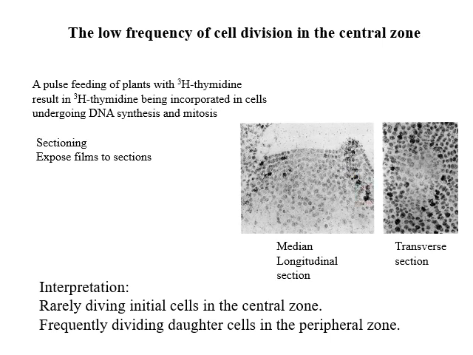So it's not particularly convincing, perhaps, but you have a central zone here, and there's not much incorporation here, whereas you have cells that have divided, have taken up the radiolabeled thymidine during replication, in this region, a little bit in this region too, and also here.